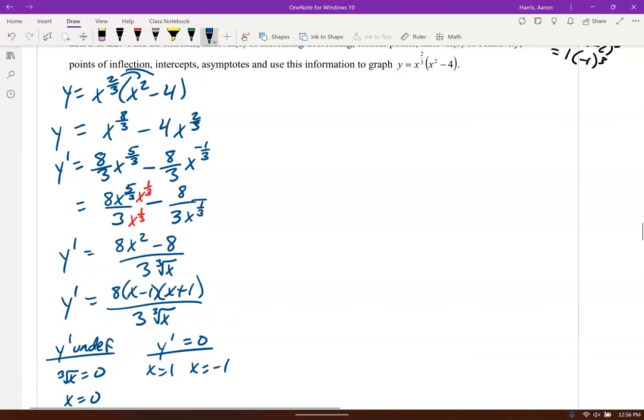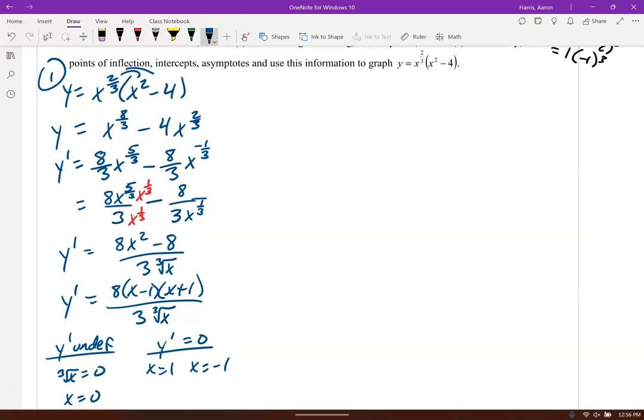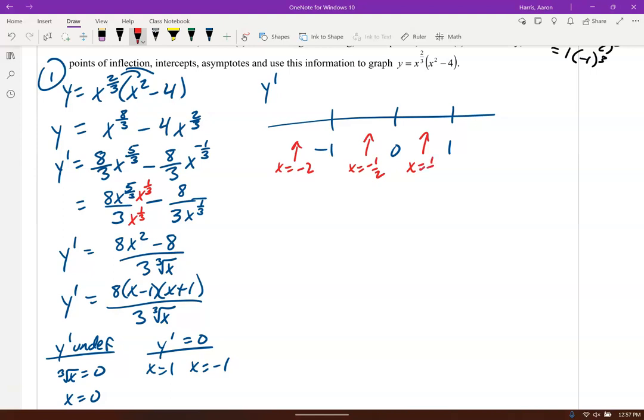And so for my y prime test, the first derivative test, I have -1, 0, and 1. And then I'm going to go ahead and test maybe -2, maybe -1/2, maybe 1/2, maybe 2.